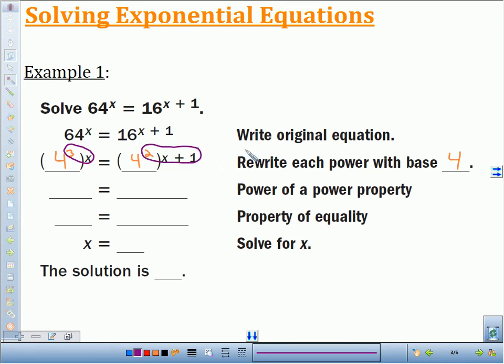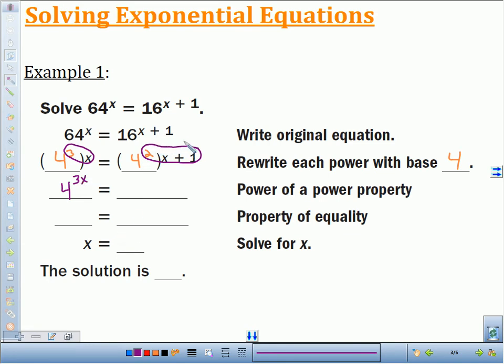Now we know, because of the power of a power property, one of those exponent properties that we used a long time ago and continue to show up, that if I raise a power to a power, I multiply the exponents. So 4 to the third to the x becomes 4 to the 3x.